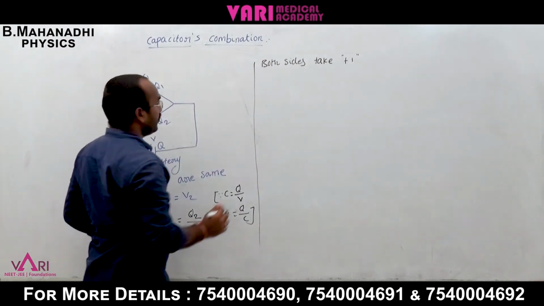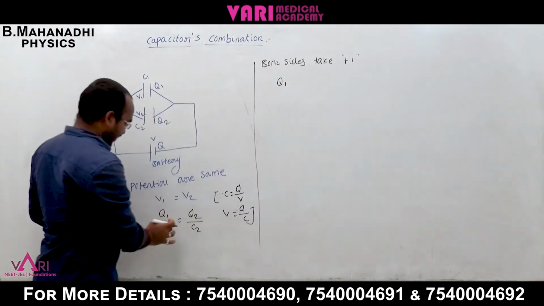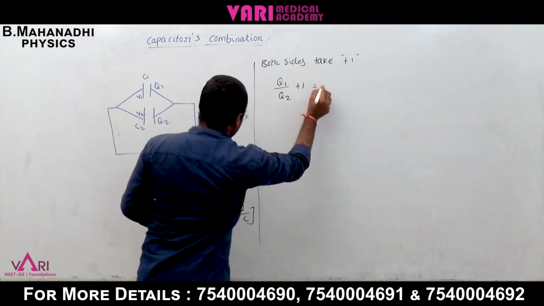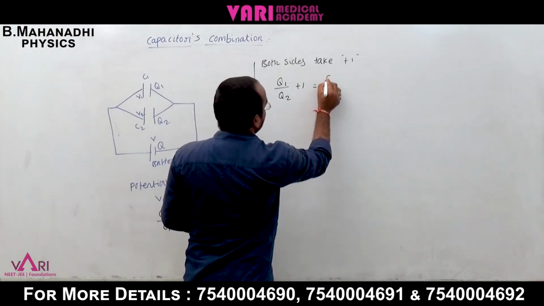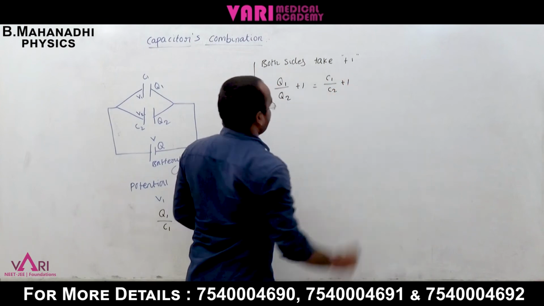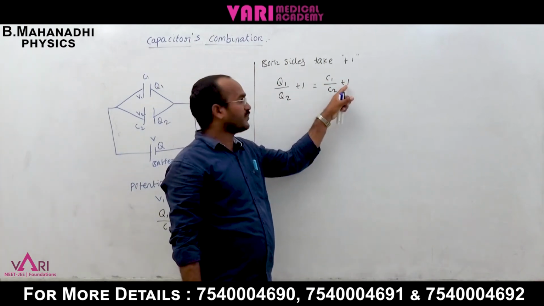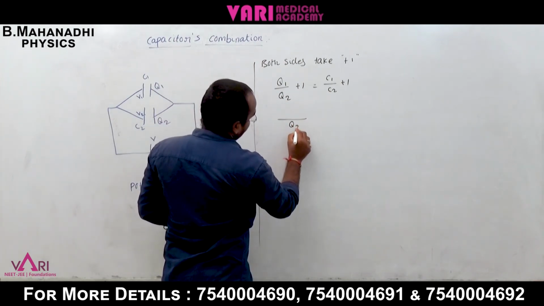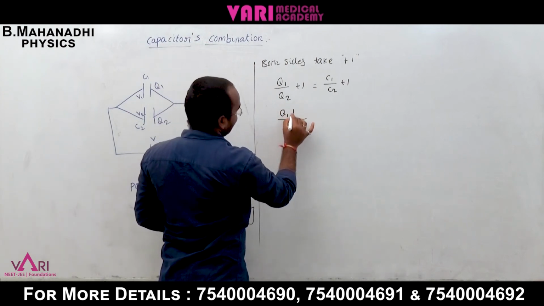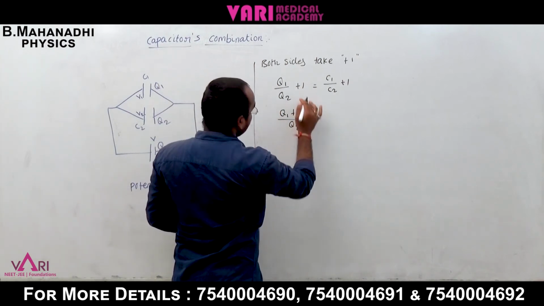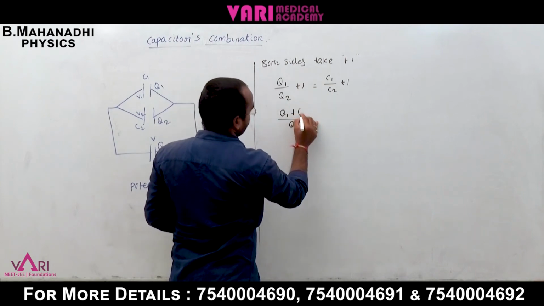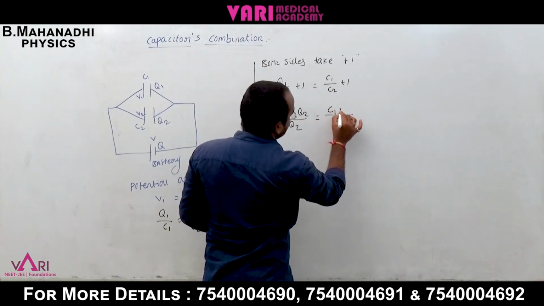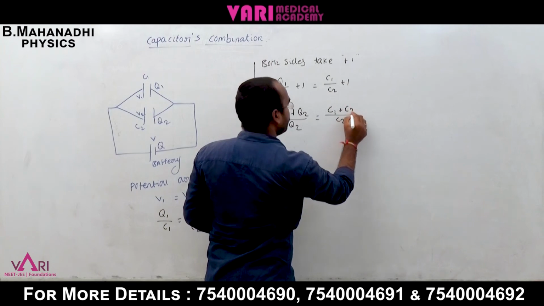Now Q1 by Q2 plus 1 is equal to C1 by C2 plus 1, cross multiplied. The plus 1 converted to the right side becomes minus 1, so plus 1 and minus 1 cancel. Now taking the LCM, Q1 plus Q2 by Q2 is equal to C1 plus C2 by C2.